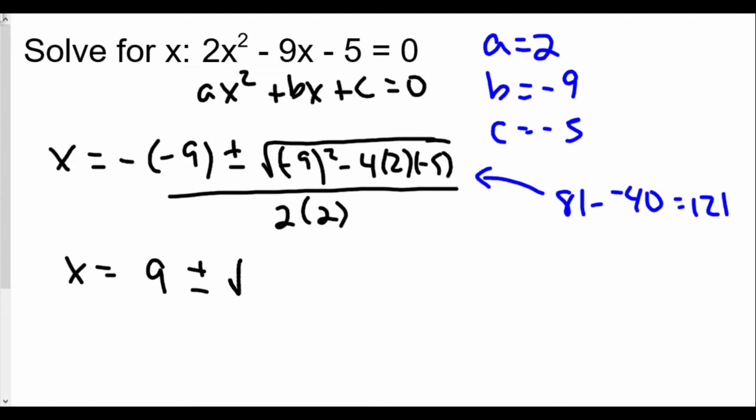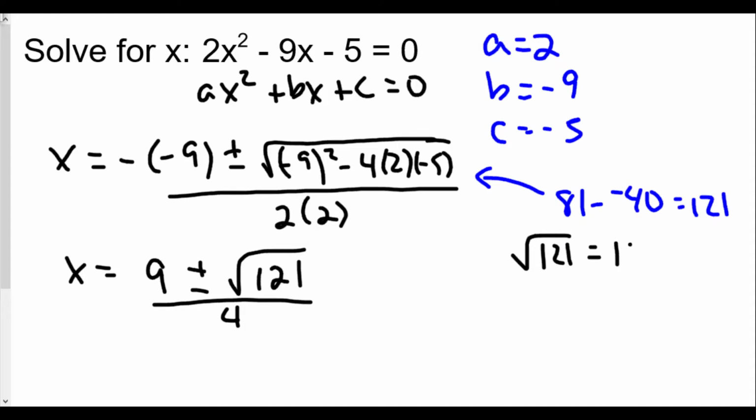So you get the square root of 121 all over 4. Now, what does this mean? Square root of 121 can be simplified though. The square root of 121 is equal to 11. So this now becomes 9 plus or minus 11 over 4.